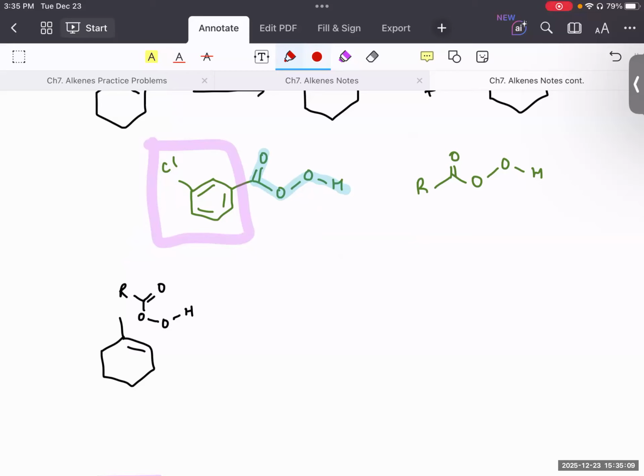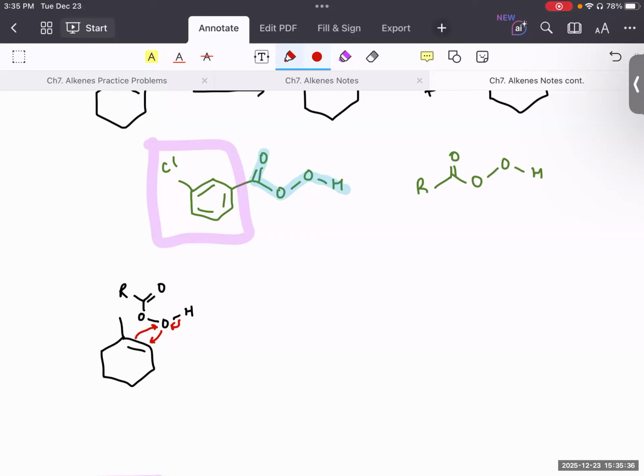So we're forming bonds with that oxygen. The electrons from the alkene are going to the oxygen, and then an electron pair from the oxygen is coming to the carbon-carbon bond. And that's what makes those two carbon-oxygen bonds in the epoxide. We also have the electrons from the oxygen-hydrogen bond go to the oxygen.